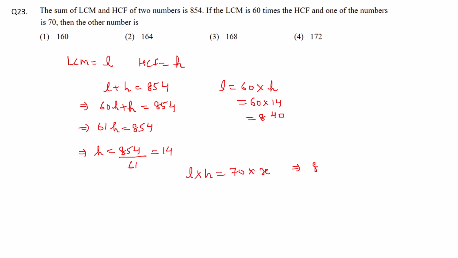So 840 into 14 is equal to 70 into X. So X will be equal to 840 into 14 divided by 70. So 0 cancel, 7 times 2, and if you multiply you will get 168. So third one is the correct option. So question number 23, third is the correct option.